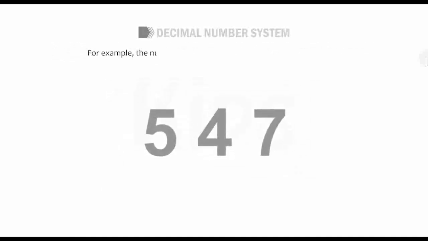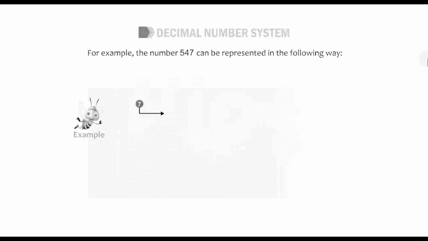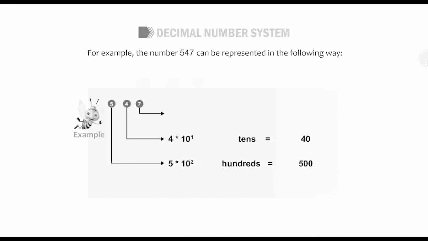For example, the number 547 can be represented in the following way: 7 into 10 raised to power 0, units, 7; 4 into 10 raised to power 1, tenths, equals 40; 5 into 10 raised to power 2, hundredths, equals 500; total 547.